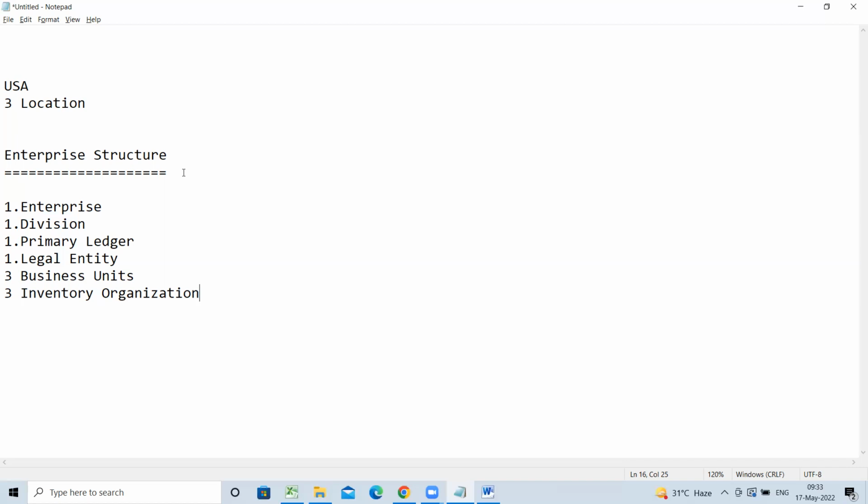You may take the legal entity also as a balancing segment. There are different points to understand based on reality related to chart of accounts and enterprise structure. Tomorrow's session will focus on chart of accounts structure. Once that is done, we can start with the specific applications. Any questions, please? If no questions, we can wind up.